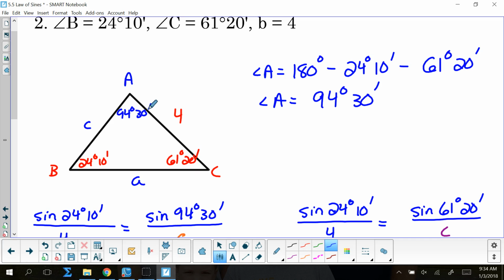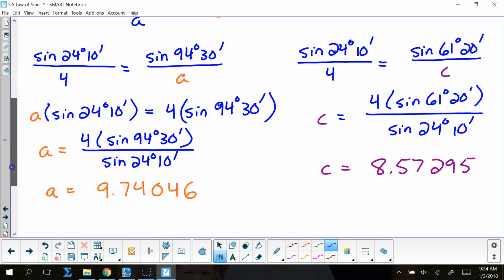Which side's the longest side? It should be A, because the biggest angle produces the biggest side. Which angle is the smallest? B. Which side length is smallest? B. Okay. Smallest angles produce smallest sides.